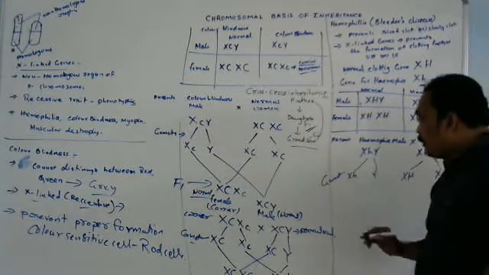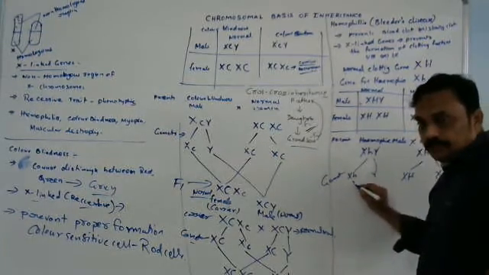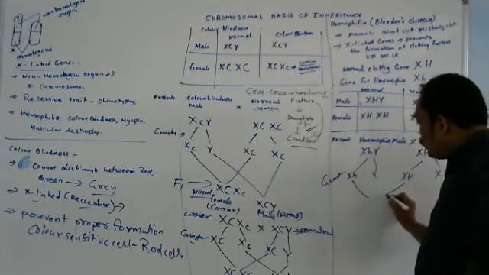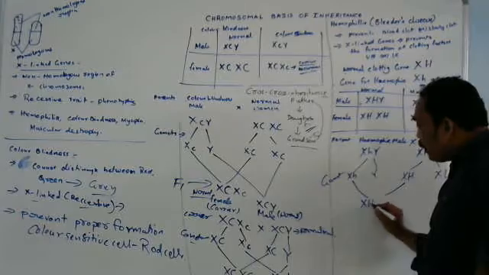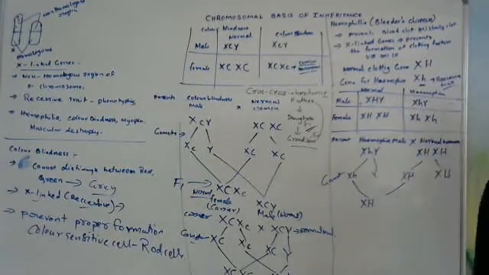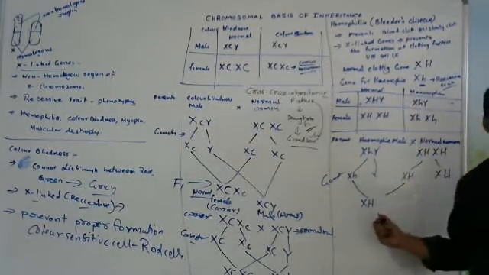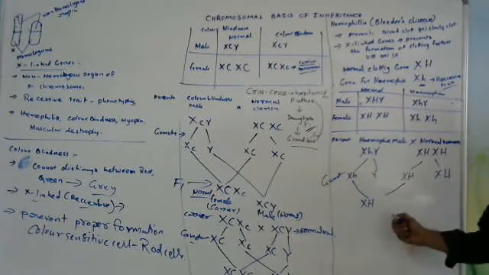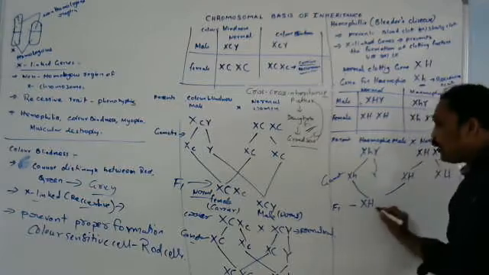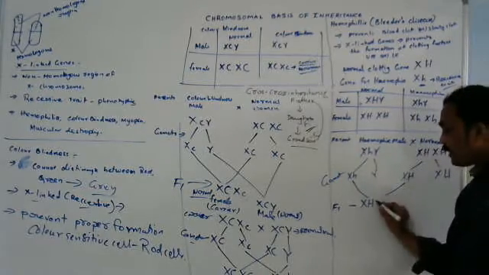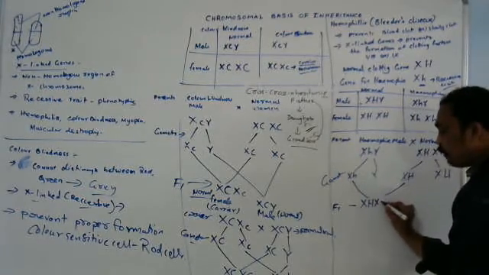Now what happened? This male gamete reacts with these. I am writing capital H here. Why? Capital H is a dominant character, so in this F1 generation capital H is exhibited. The next one is capital H, small x and small h.